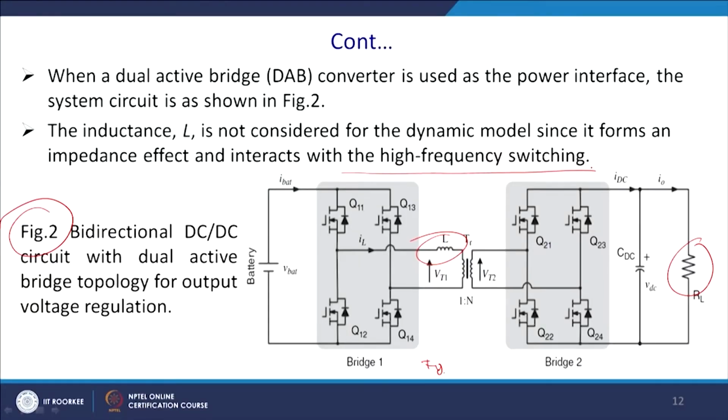So, we shall neglect it, but in actual model we require to consider it while designing the control aspect of this topology, because mostly it is a lumped parameter, it is a leakage inductance of this high frequency transformer. So, this is a bidirectional bridge configuration, and you will be sending power from the battery to this load.